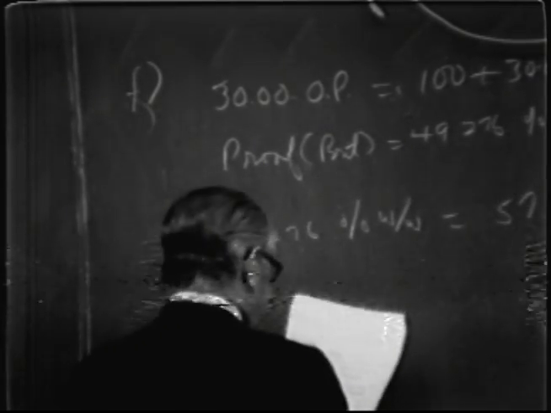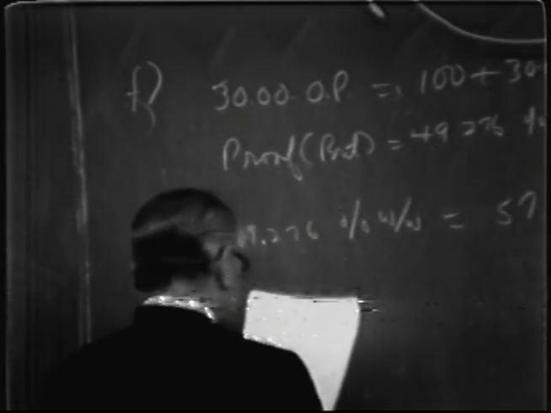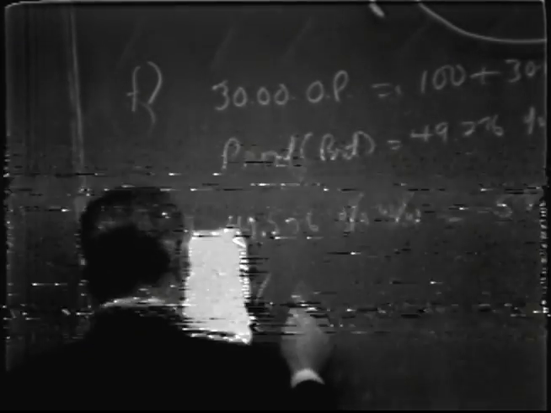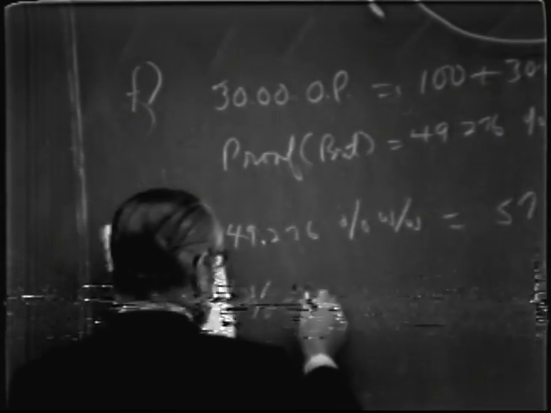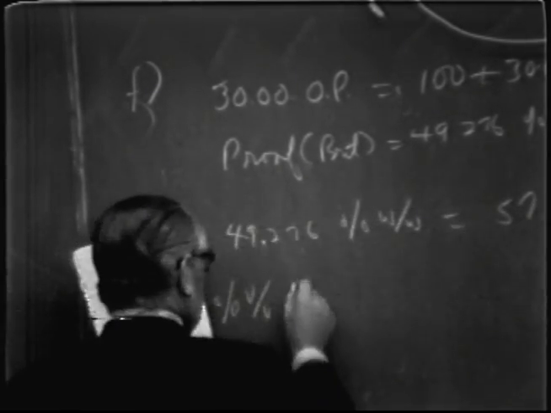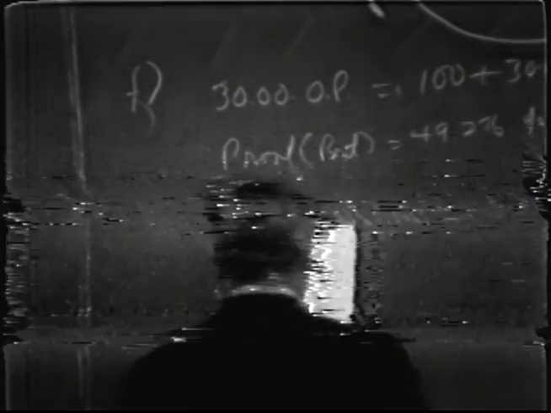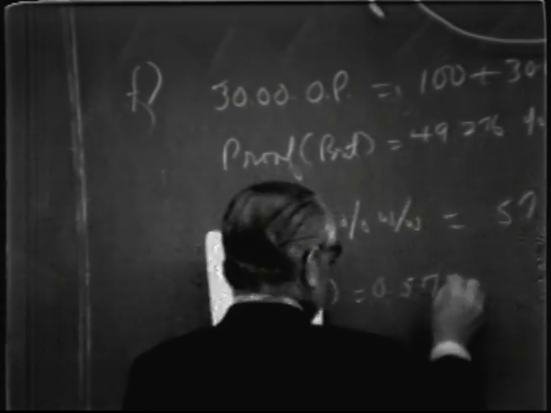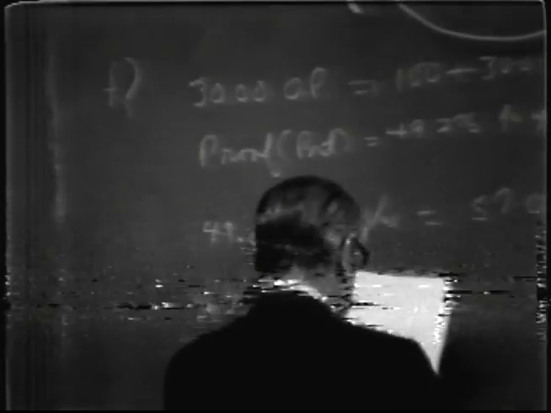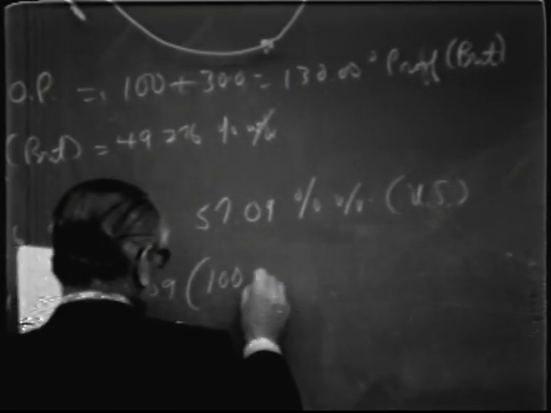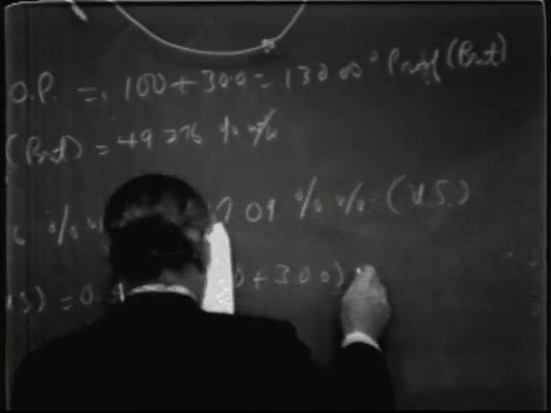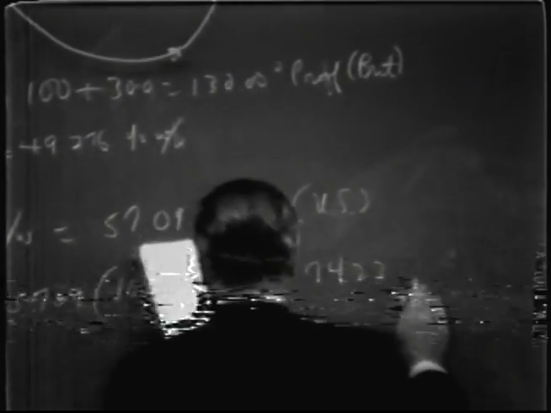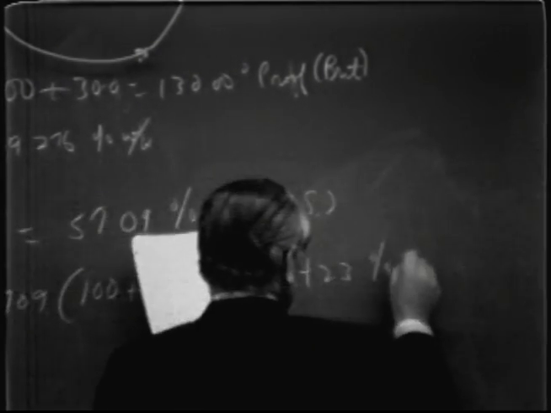So in other words then, the percent by volume using our US system would be equal to 0.5709 or 571, whichever you want to use, times 100 plus 30, which comes out to be 74.23% by volume.